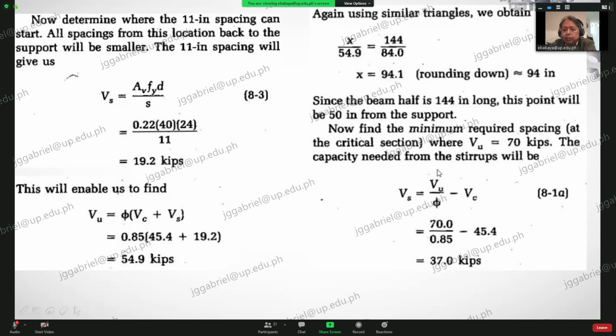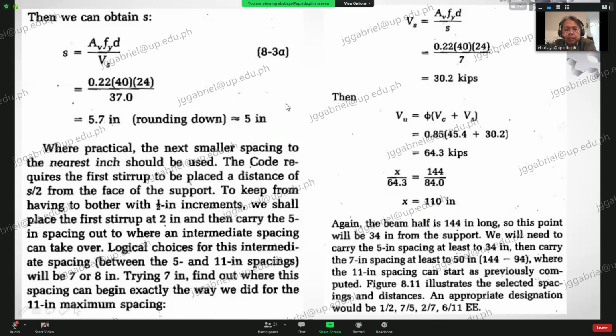You know already your Vc, you know already your Vu. So plug in the values, you get Vs of 37 kips. To get the spacing, knowing our shear capacity, we have this formula: spacing is equal to Av fy d all over Vs. Now just plug in the values, you get 5.7 inches.